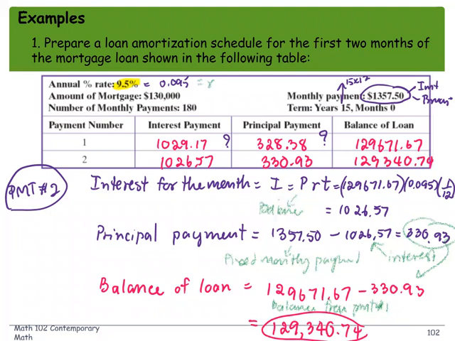We complete the loan amortization schedule for the first 2 payments, or the first 2 months, and the balance is coming down.